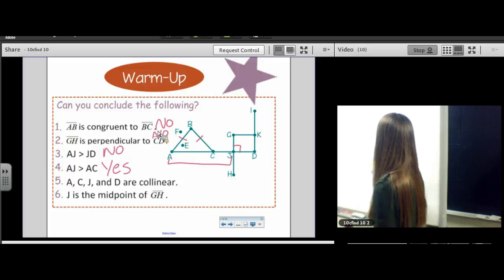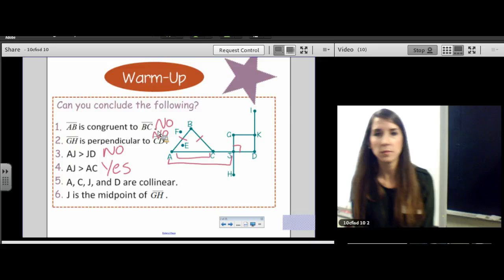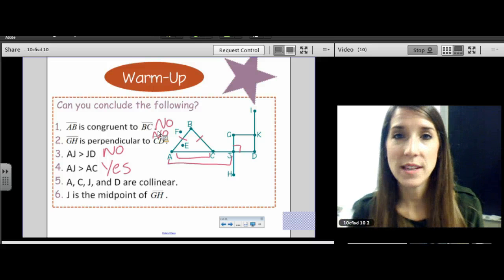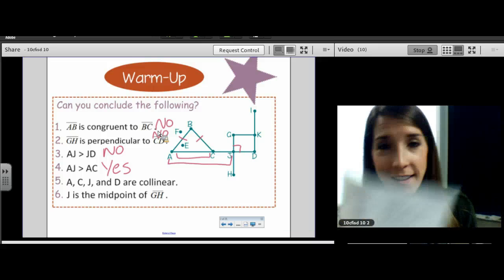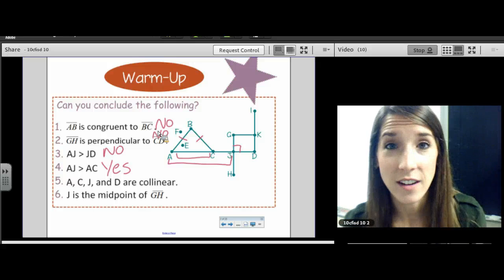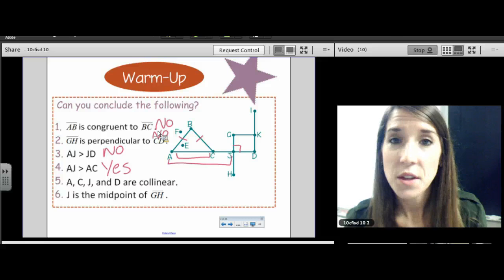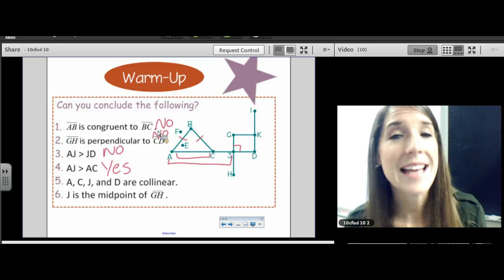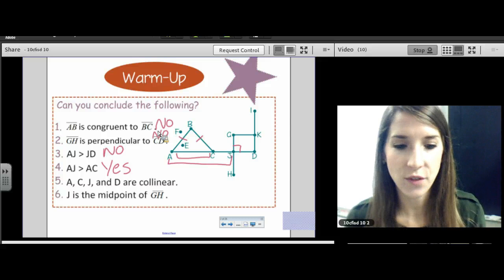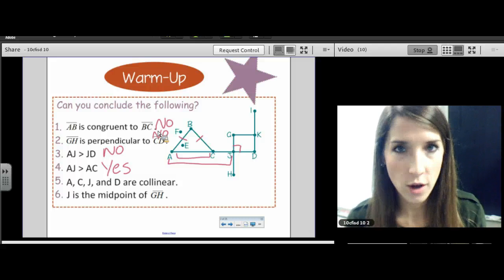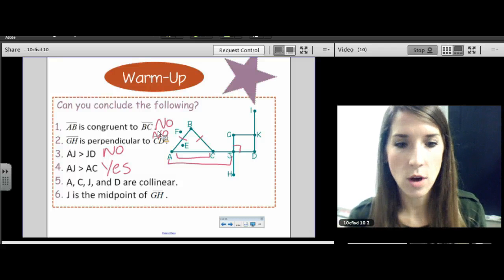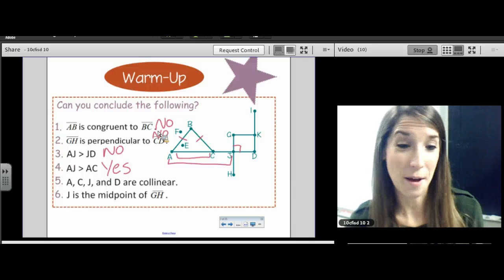One thing we can assume is collinearity of points. Those points are collinear, and C is between A and J. So the distance from A to get all the way to J has got to be longer than the distance from A to C. You are allowed to assume collinearity. I just like saying that word.